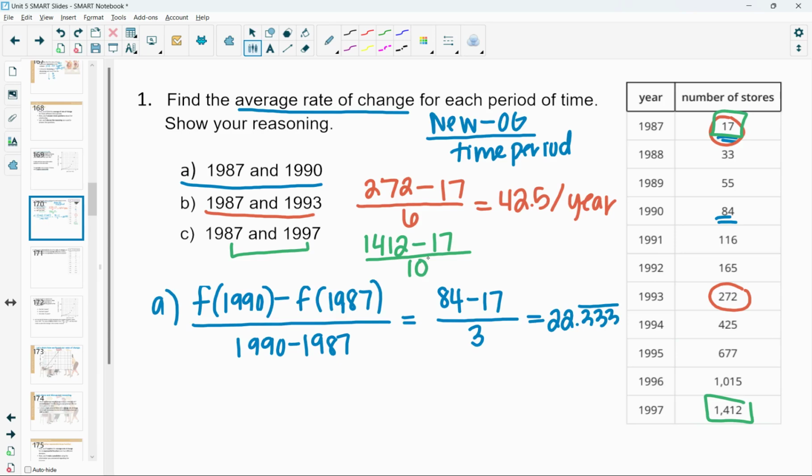So the change in the number of stores divided by 10 gives us 139.5 stores per year. That's a significant increase in that one. So in the first 3 years, increasing by 22 1/3; the first 6 years, 42.5; and the first 10 years, 139.5 stores per year.